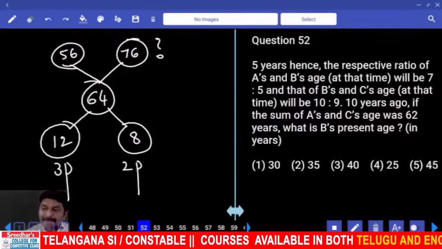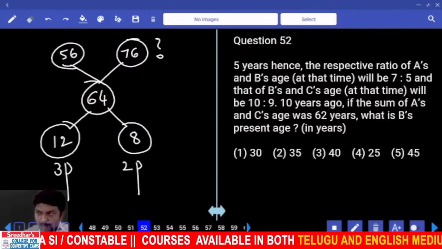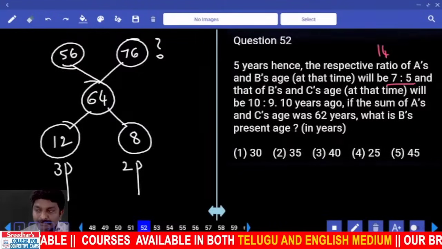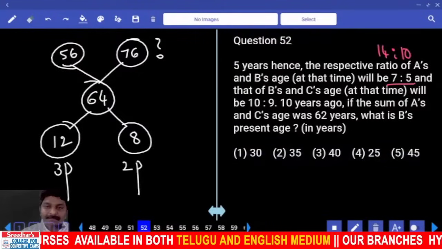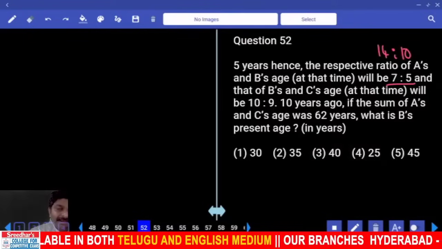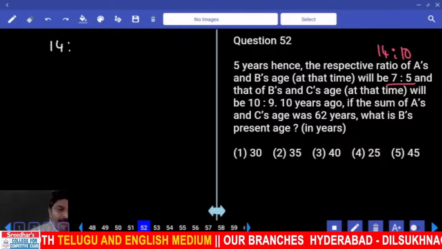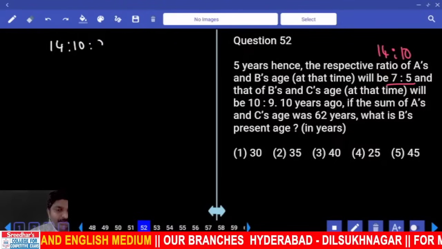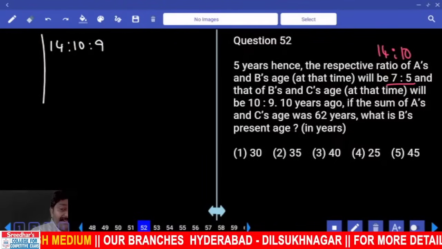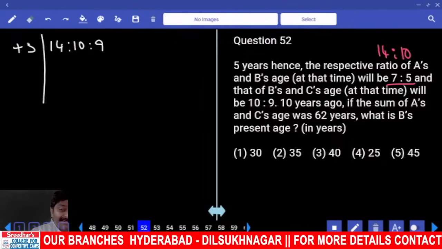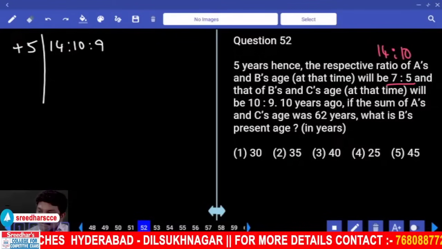So let's multiply the first ratio by 2, then it will become 14:10, where B is constant, correct? Then the ratio is going to be 14:10:9. When was this? 5 years hence, after 5 years.